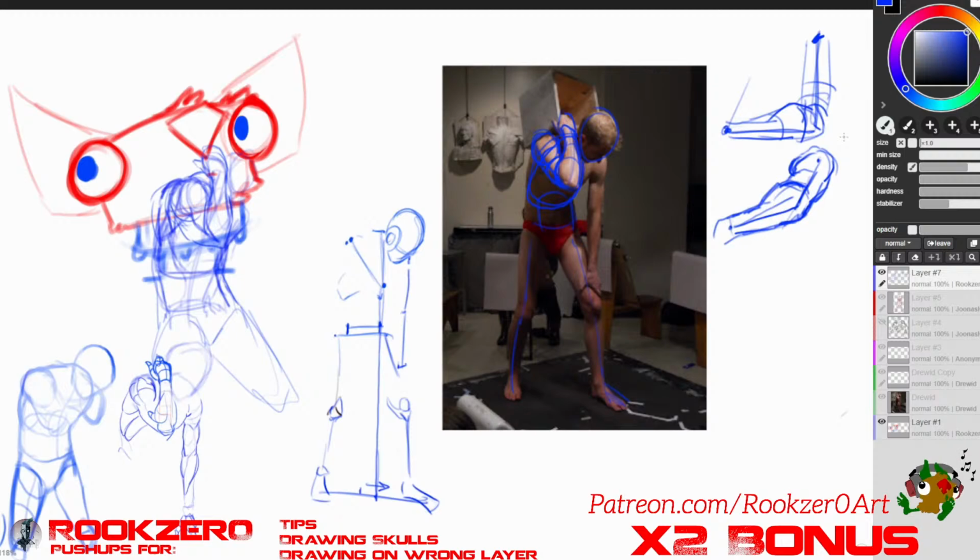Chunky. Have fun with it, you know? Just try to think about those shapes. Where are things as they're moving through space?